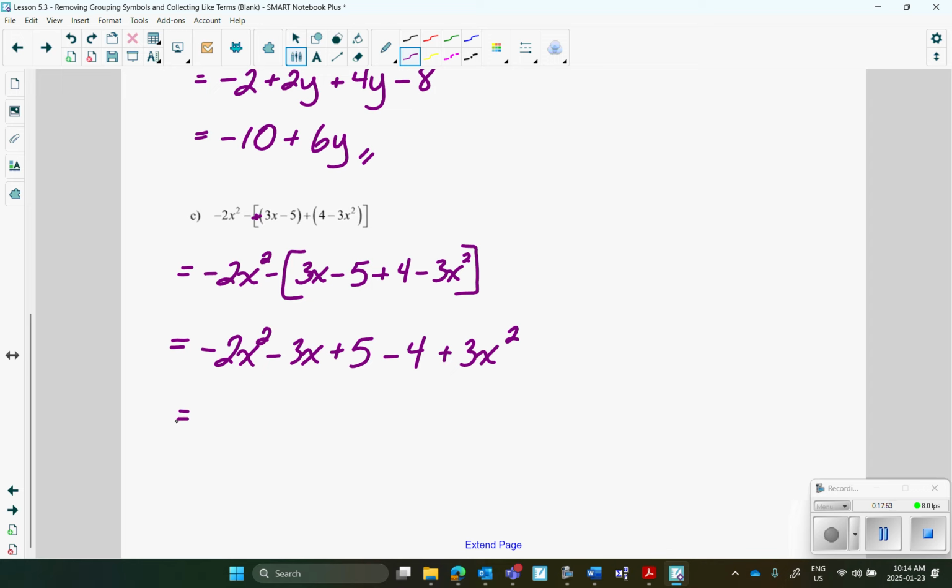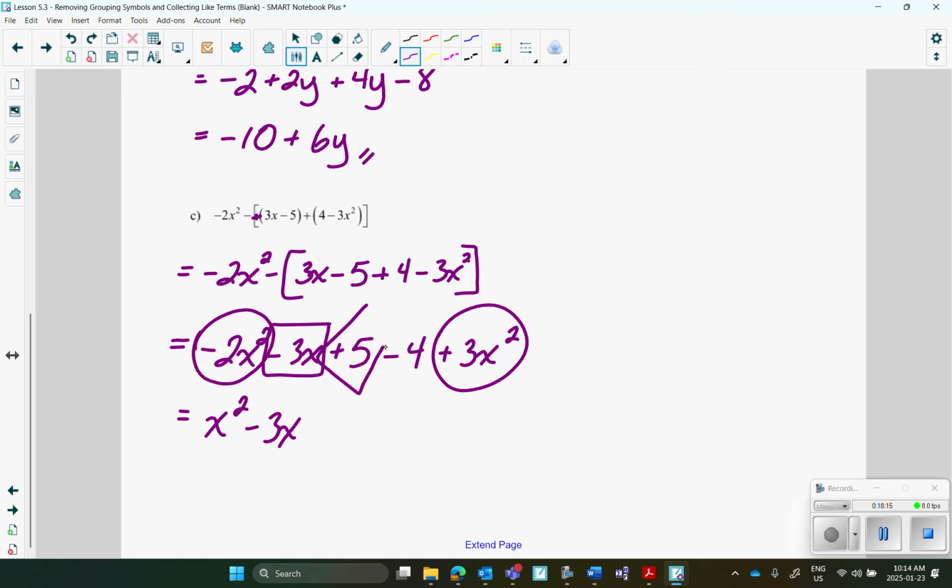And finally, collecting like terms, I've got a negative 2x squared plus the 3x squared, so that's 1x squared, or you can just write x squared. I've got a minus 3x that goes with nothing else, so it's just minus 3x. And I've got a plus 5 and a minus 4, which together make plus 1. So you should get x squared minus 3x plus 1.